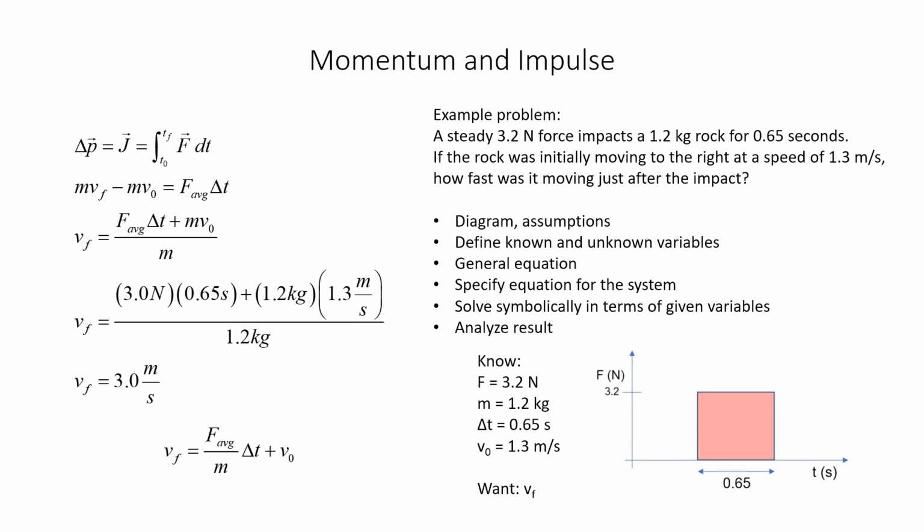That makes sense. If the force was impacting the object for a longer period of time, you'd expect it to be moving faster. And finally, a larger initial velocity gives it a larger final velocity. That makes sense as well. If it was moving faster before the impact happened, then it should be moving faster after the impulse as well.